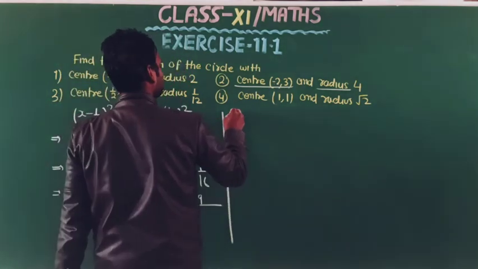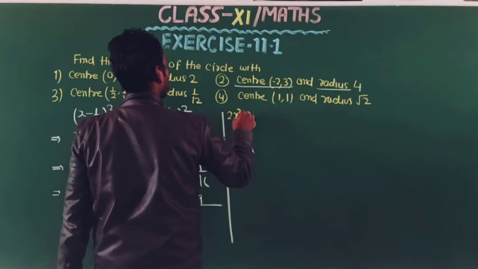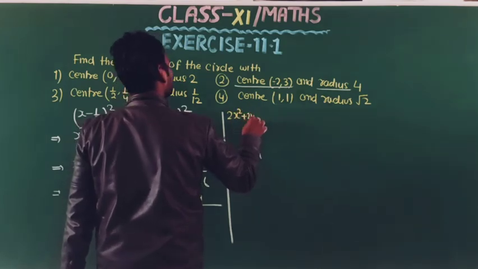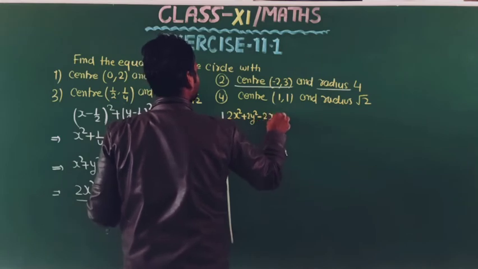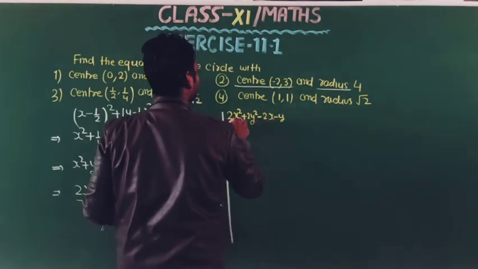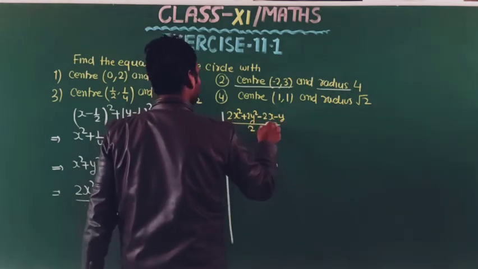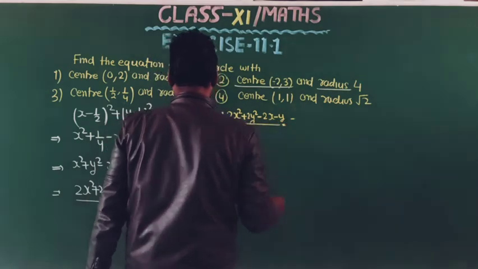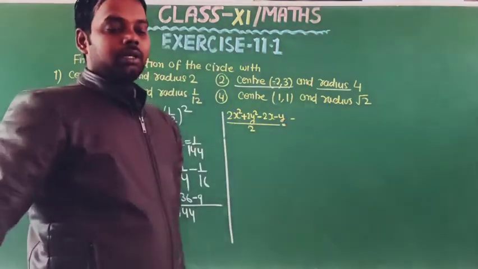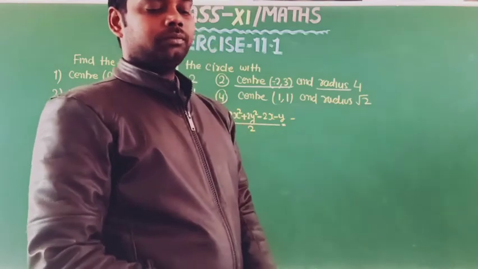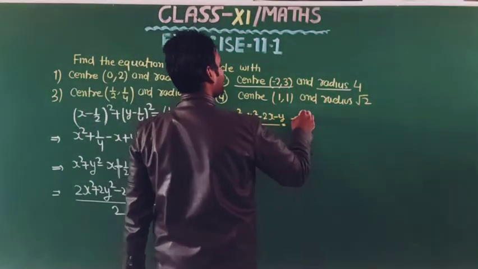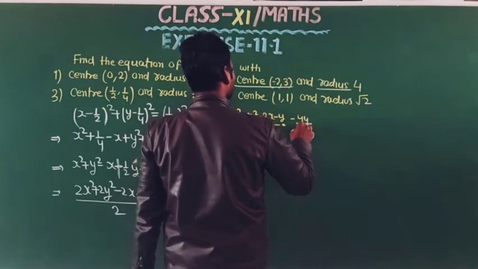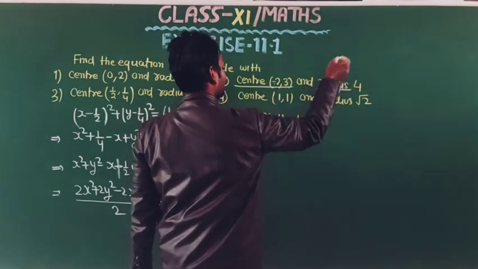So this becomes 2x square plus 2y square minus 2x minus y upon 2 equal to minus 44 by 144. Now simplify.